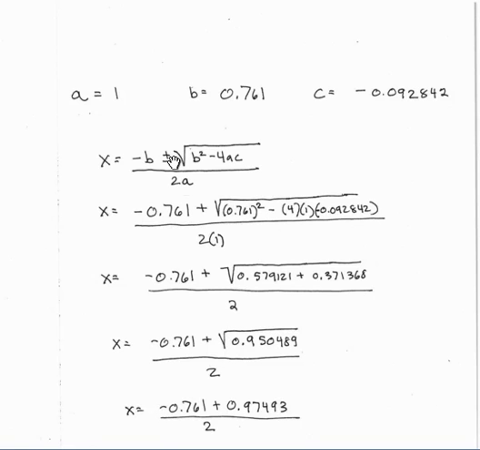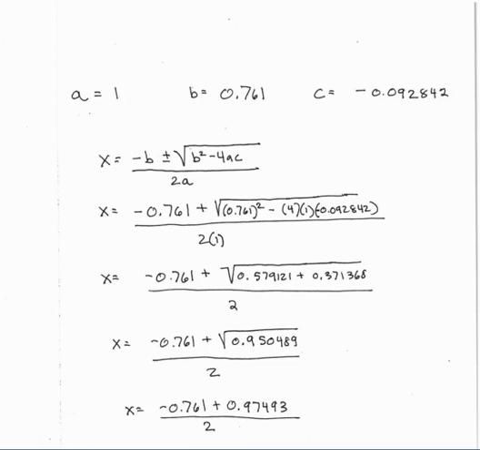I didn't even begin with subtracting my discriminant from my negative b, because since my negative b is a negative value, if I were to subtract something from that, I would just get a negative value for x. And a negative value for x is not an answer for my problem because I can't have a negative concentration. So I knew that the only answer here was going to be what was added to my negative b.